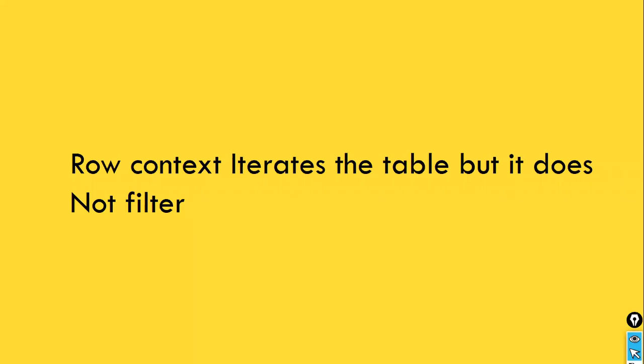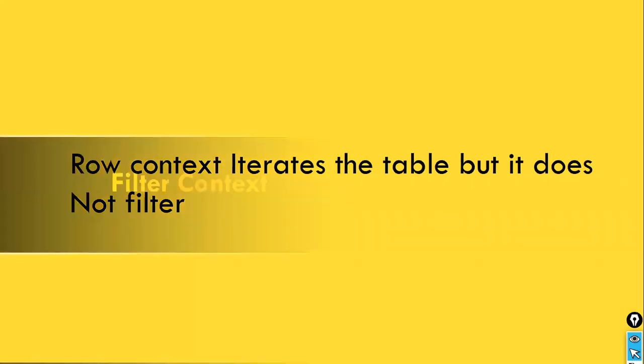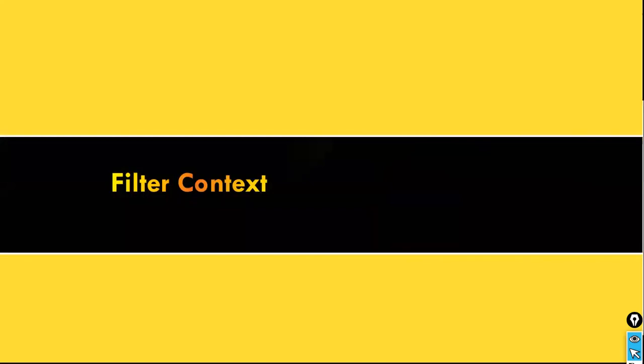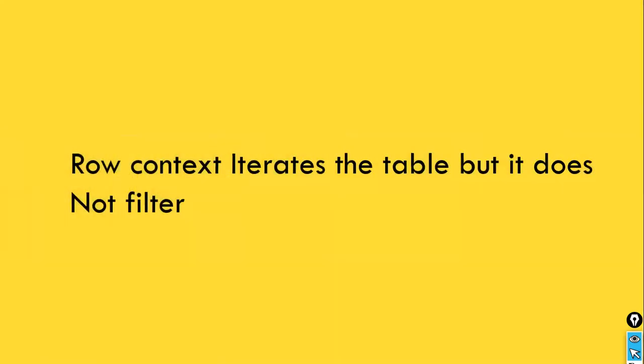This is what you need to remember. To summarize, the row context is evaluated whenever an expression iterates over a table. In a simple one-liner, that is the statement for row context.